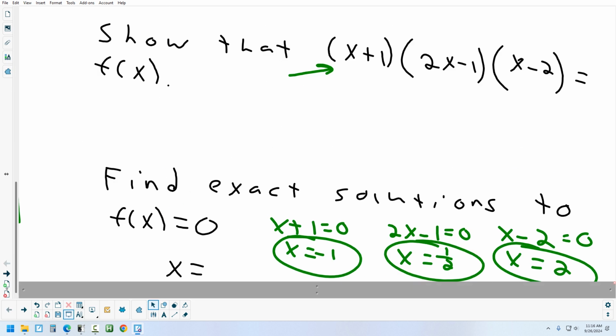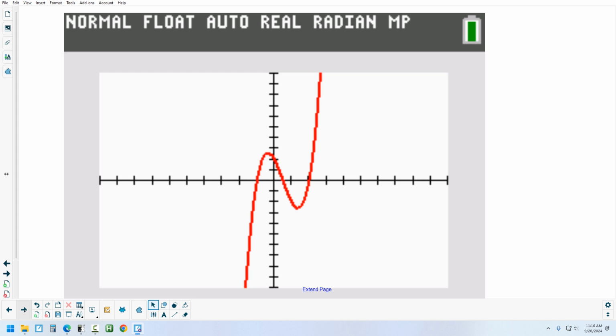So we had those three numbers, -1, 1/2, and 2. What do you notice about those numbers on that graph on the x-axis? Yep, that's where the line hits the x-axis. Those are the three numbers where the graph crosses the x-axis.